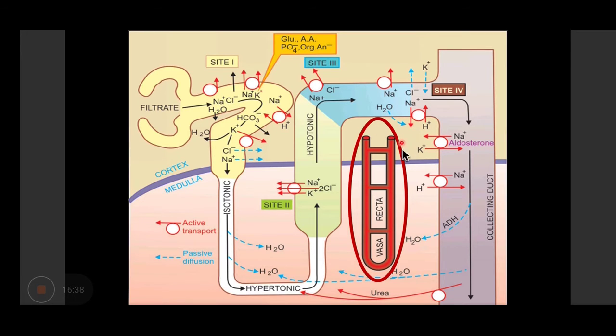So a hairpin type blood supply is there, hairpin loop type blood supply, wherein in the cortex the diameter is more and in the medulla the diameter is less.